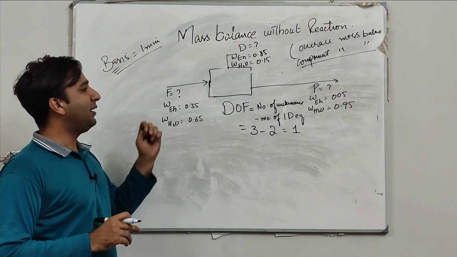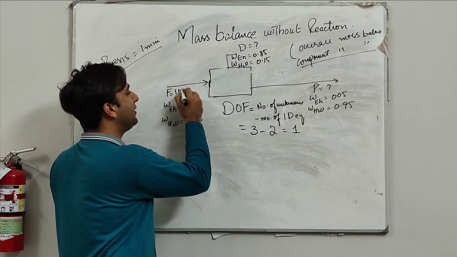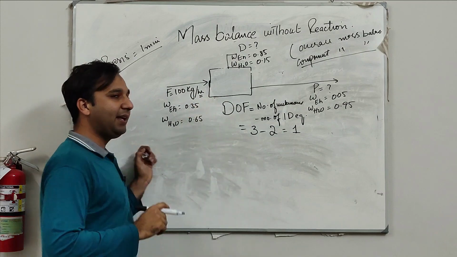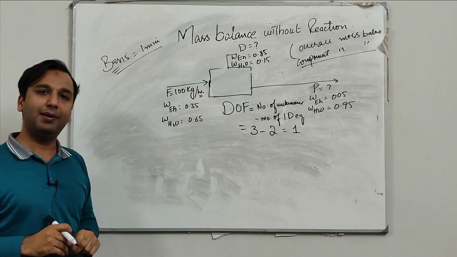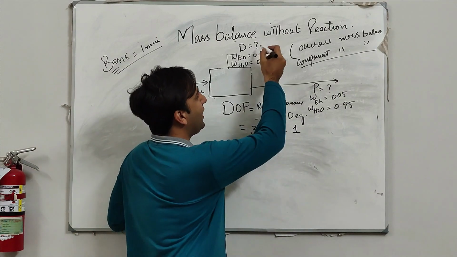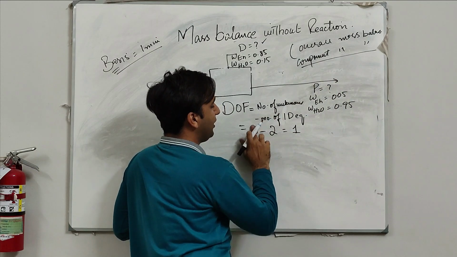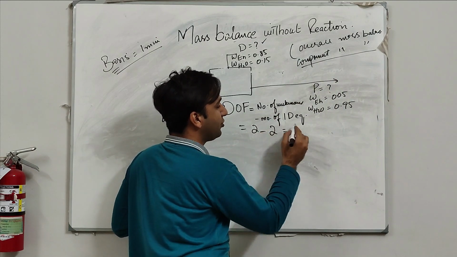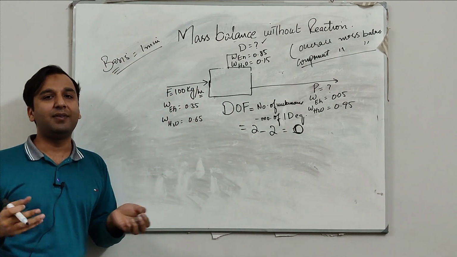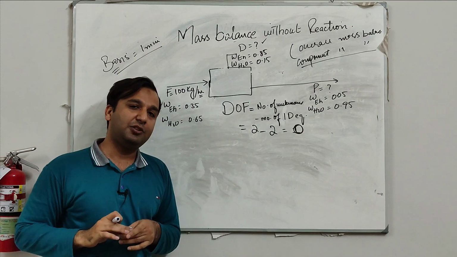So here I take my basis as my feed being 100 kg per hour. Now you can see that the number of unknowns has been reduced to 2. So now the degree of freedom has changed to 0, and you can solve this problem.